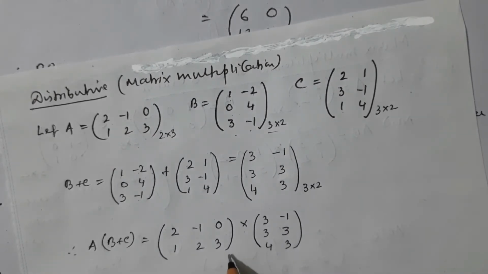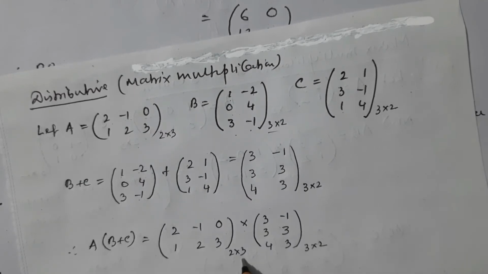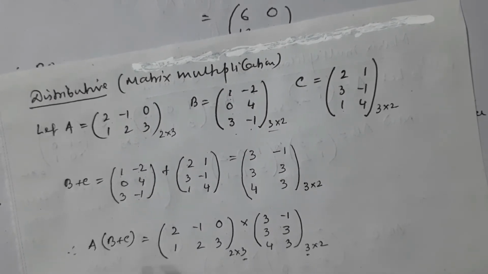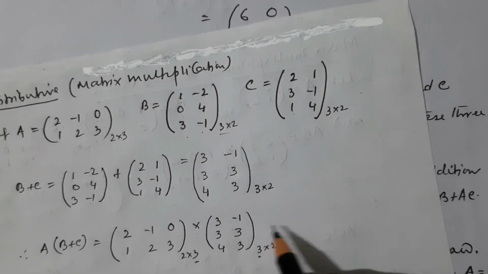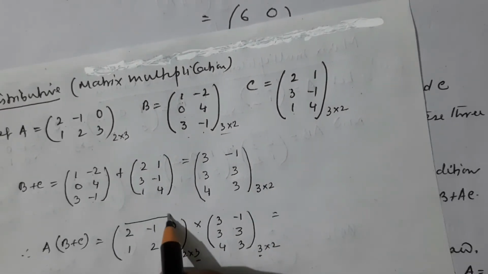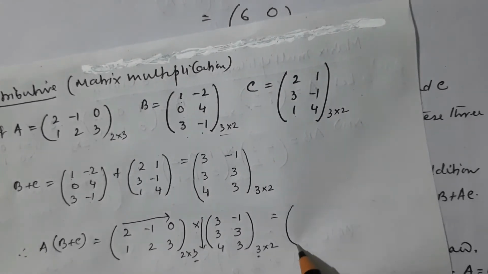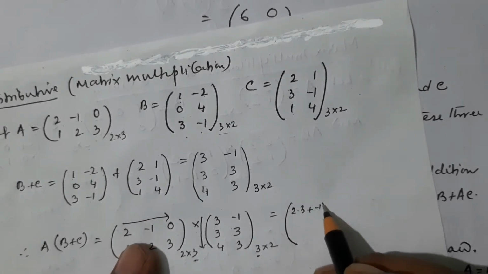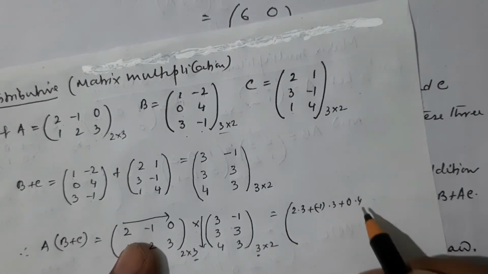So this is a matrix of 2 cross 3 and this is a matrix of 3 cross 2. Here the number of columns of this matrix is equal to the number of rows of this matrix. So these two matrices are conformable for multiplication, and we can multiply row by column. 2 into 3 plus minus 1 into 3 plus 0 into 4.